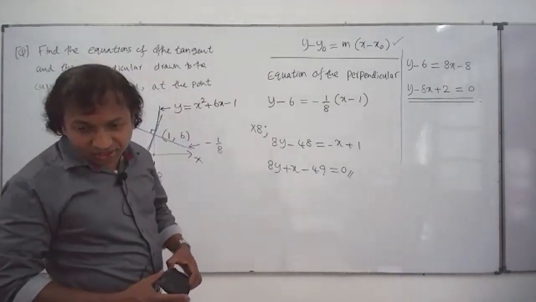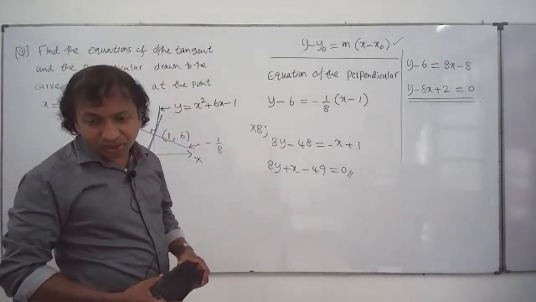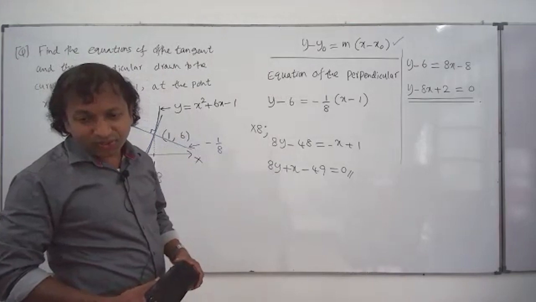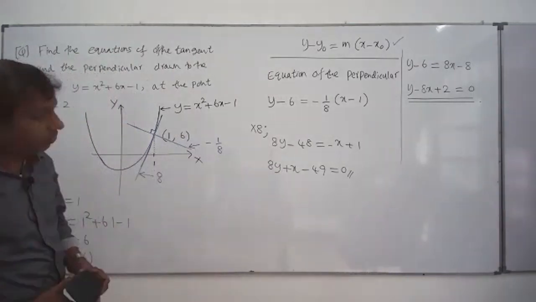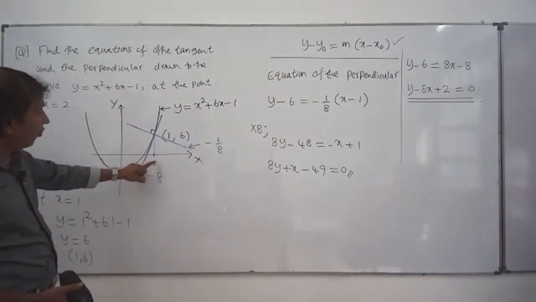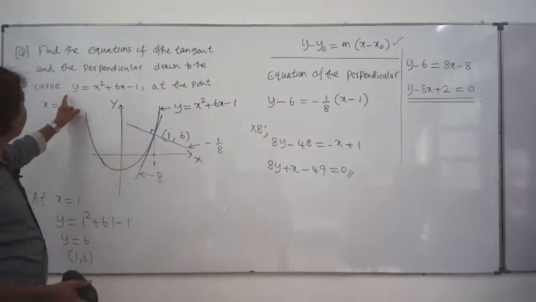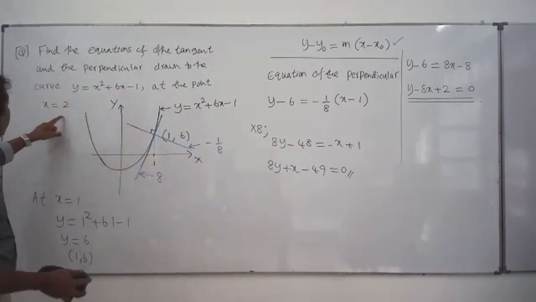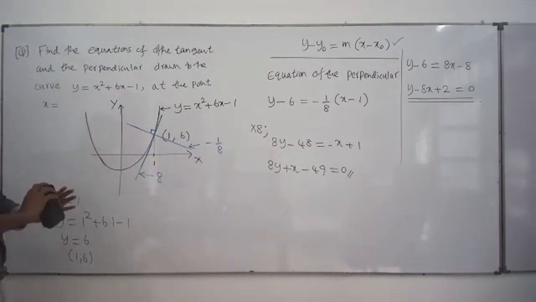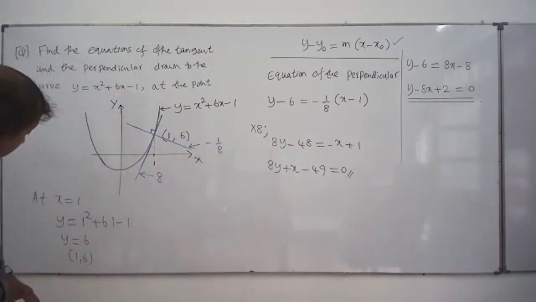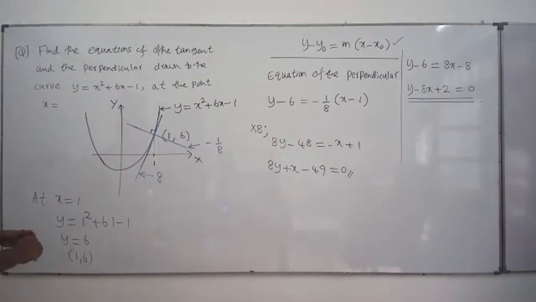So it is asked x equals 1, no, for this question. Why we use x equals 2? I worked out everything for x equals 1, no? The question gives us the point x equals 2. Change this to 1. Then completely everything we can change. x equals 1.